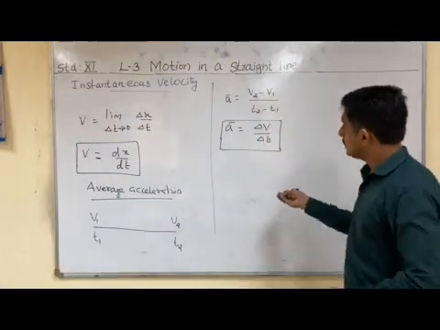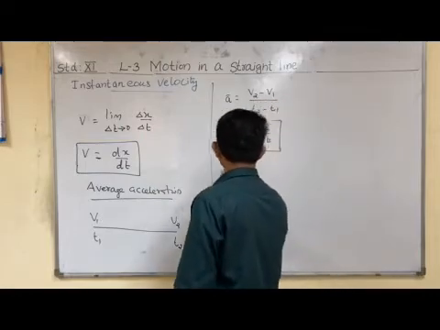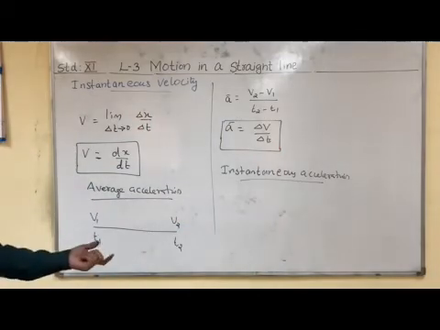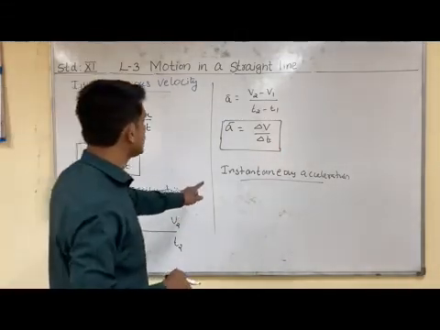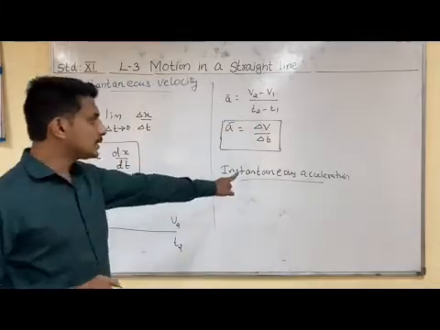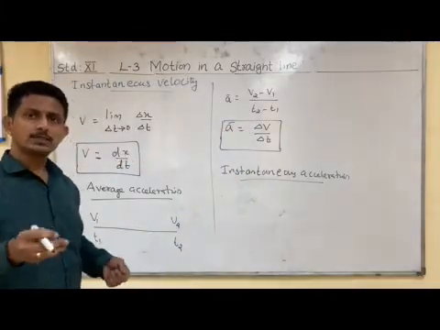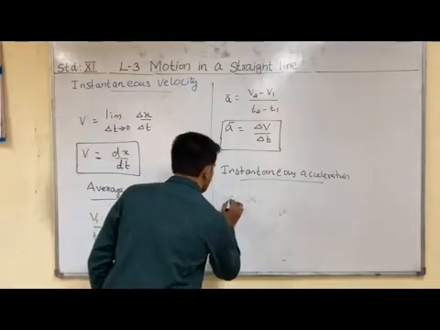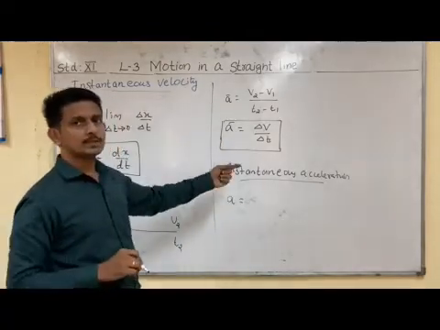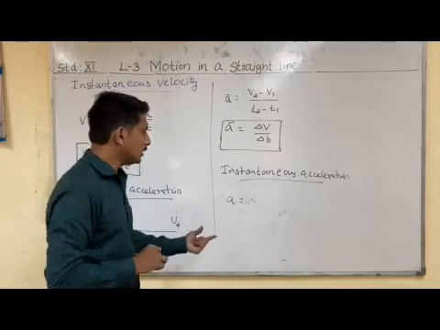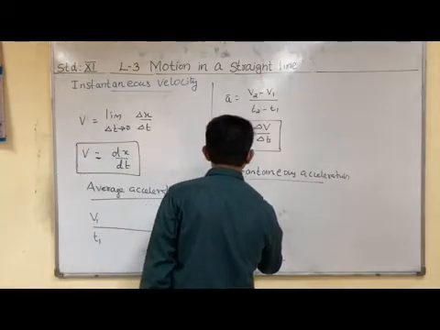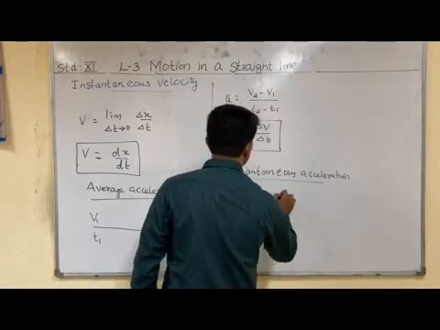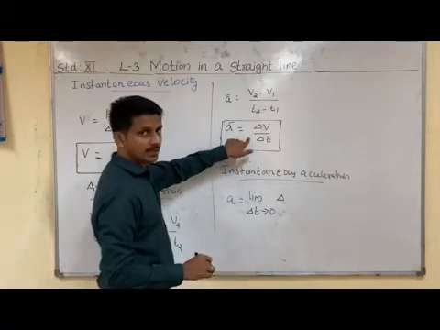Along with this, we can study the case of instantaneous acceleration also. We define instantaneous acceleration as the acceleration of an object at a particular instant of time. It is also defined as the limiting value of the average acceleration.